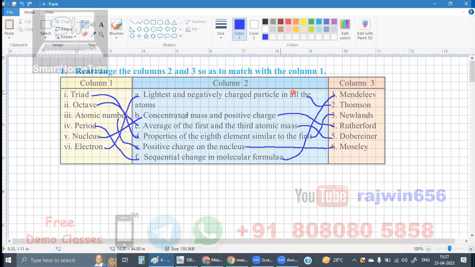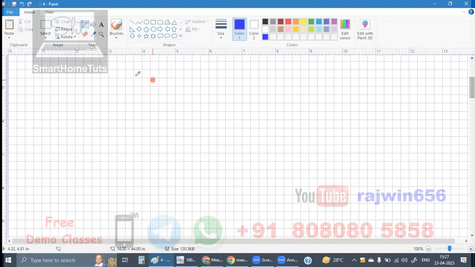Now, what is this sequential change in molecular formulae? This is the part that I have to explain you, that is from the period. I'm taking the examples of the third period: sodium, magnesium, aluminium, atomic number 11, 12, and 13.